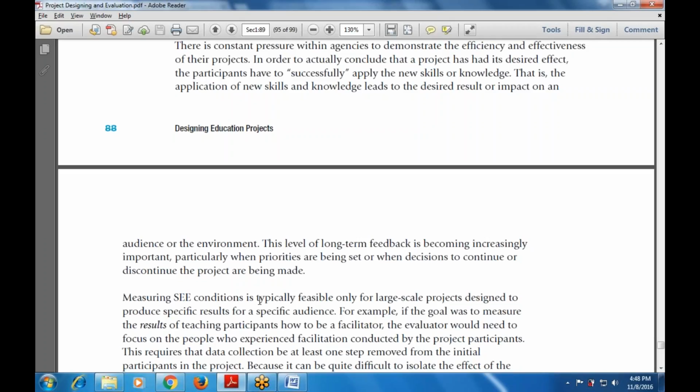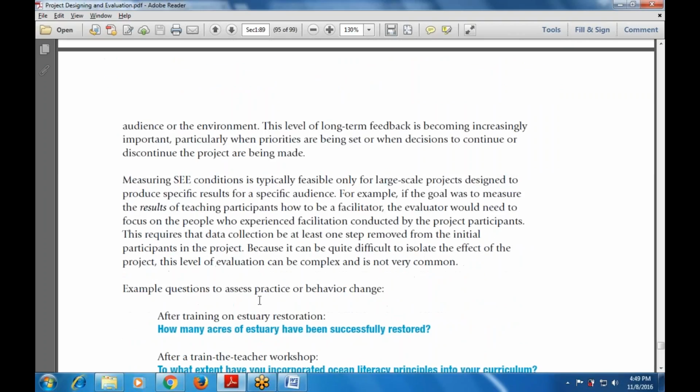The next is that measuring the SEE conditions is typically feasible only for large-scale projects designed to produce specific results. The evaluator will need to focus on the people who experience facilitations conducted by the project participants, which also requires that the data collection be at least one step removed from the initial data.